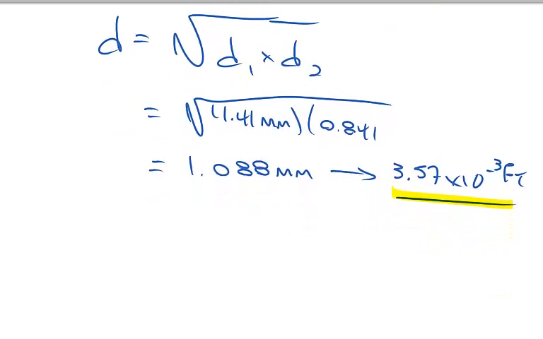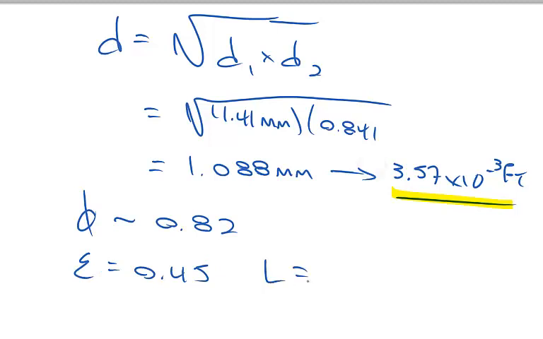Rounded sand typically has a shape factor of about 0.82, so that's going to go into this equation. Our porosity is provided in the problem statement, 0.45. Our length, which is equal to our depth, would be 24 inches, which is equal to 2 feet.